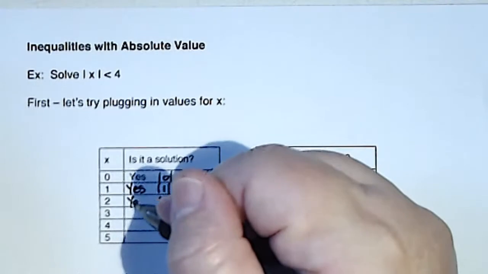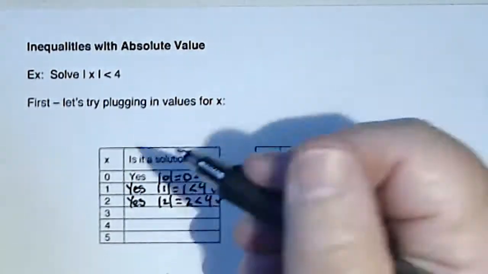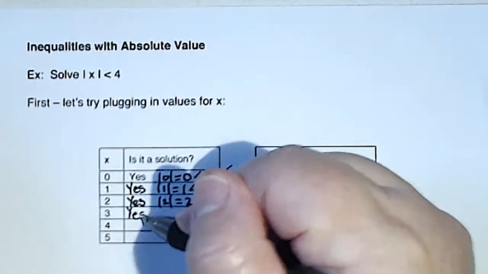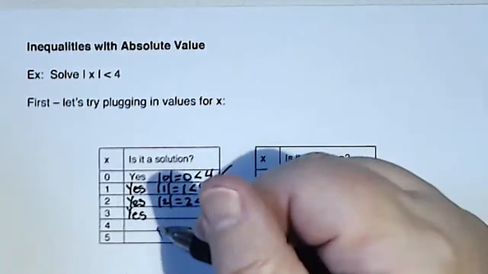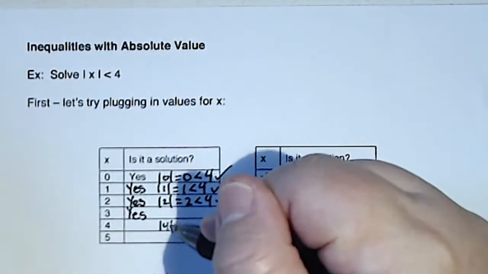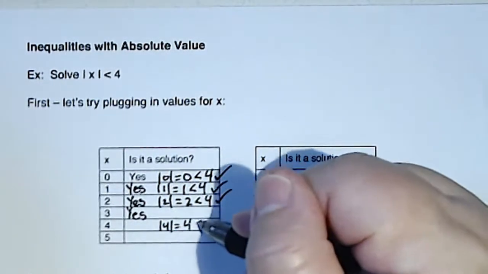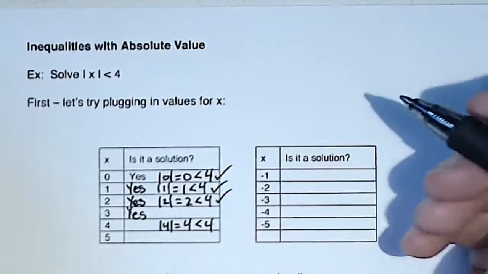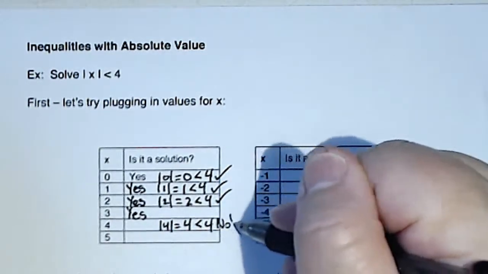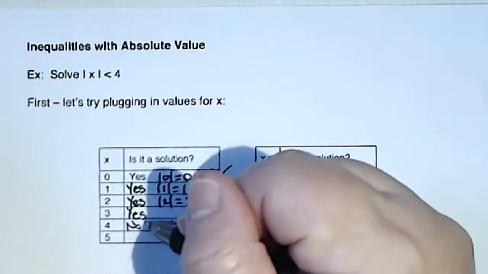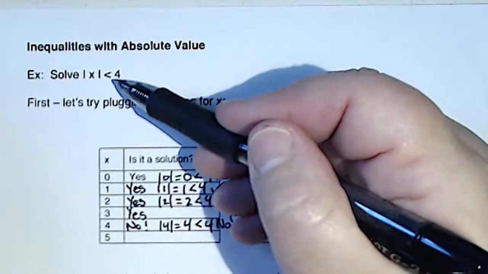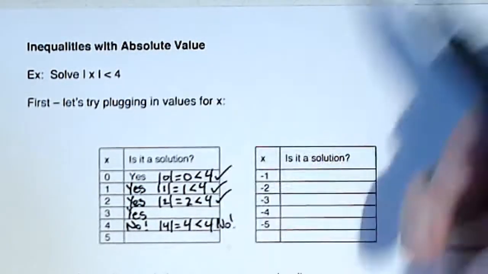So let's say yes. 3, yes. 4, whoops. The absolute value of 4, is it less than 4? No. It's equal to 4. So if we had an equals there, we would be able to include it, but we don't.